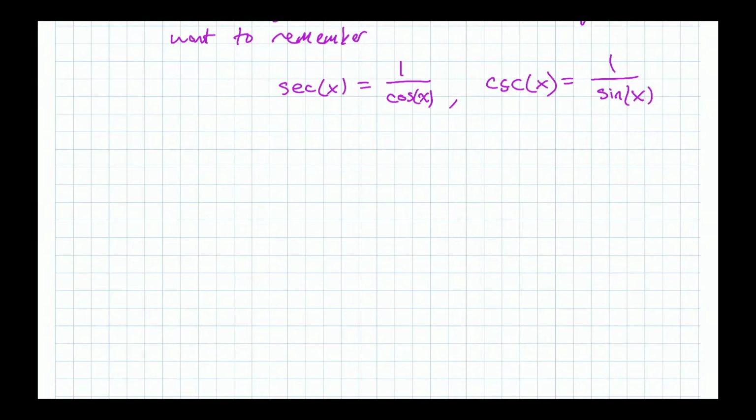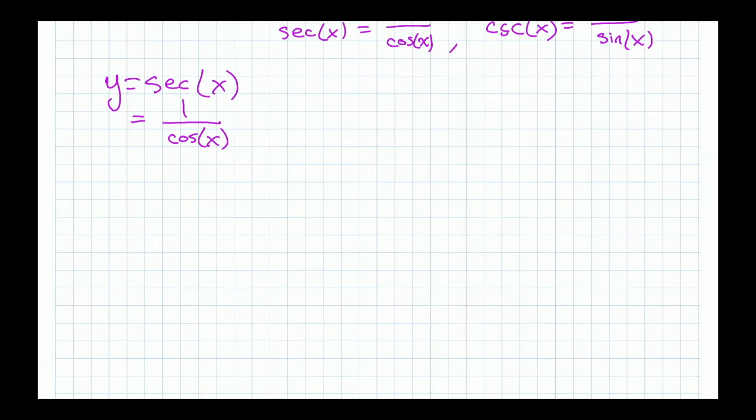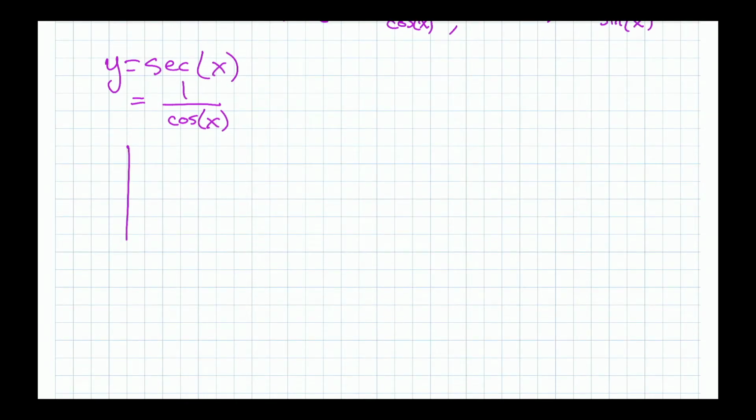So let's look at it. Let's come up with the graph of the secant x. Y equals secant x. Like I said, we know that this is actually 1 over the cosine of x. So just looking real briefly at the unit circle, I don't want to spend forever doing this, but a little bit.